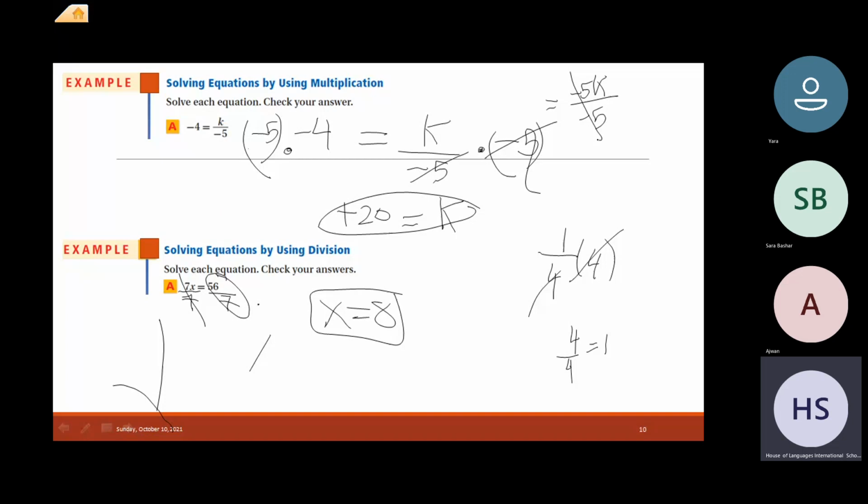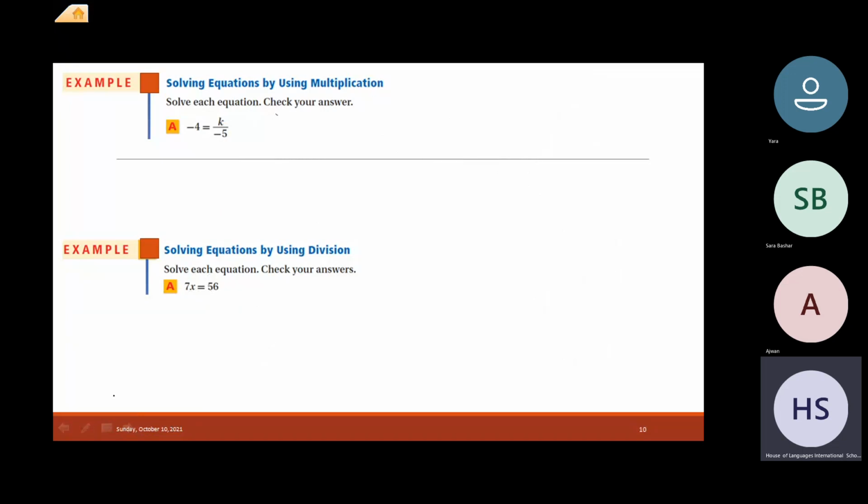Next step. Just divide 56 by 7, and we get 8. We divide 7 by both sides. 7 by 7 is 1.